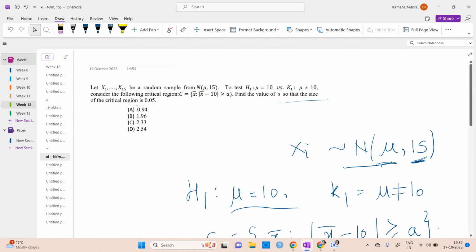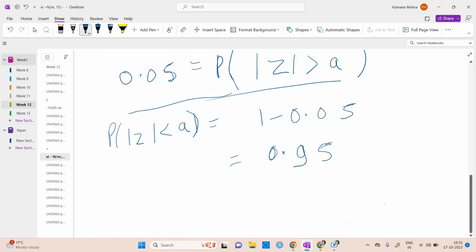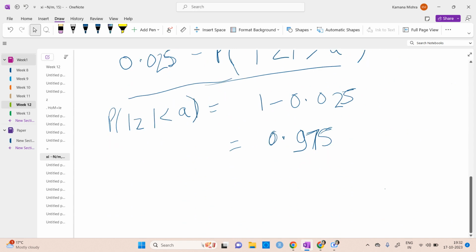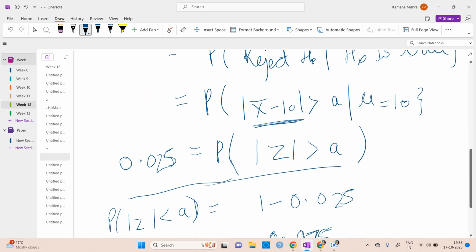Or maybe, sorry, it is a one tail test, so you can take 0.025 here only. So it would be 0.975, and we have seen that at this point z comes as 1.96. So that would be the answer. So 1.96 would be the value of A. If mu would be something else, it would be different. Otherwise, this is the z statistic itself, right?